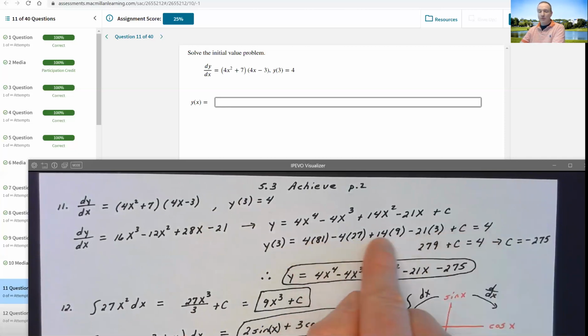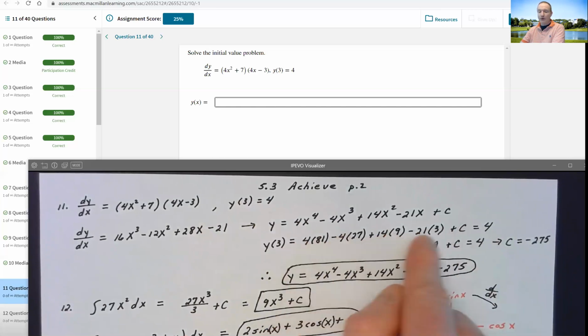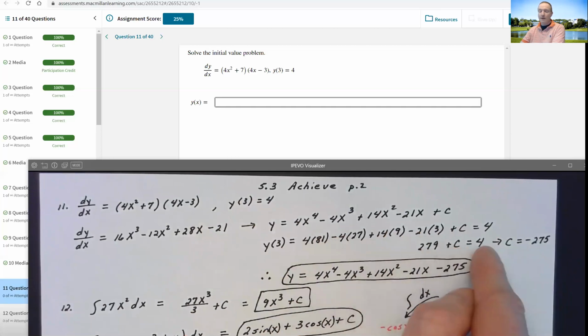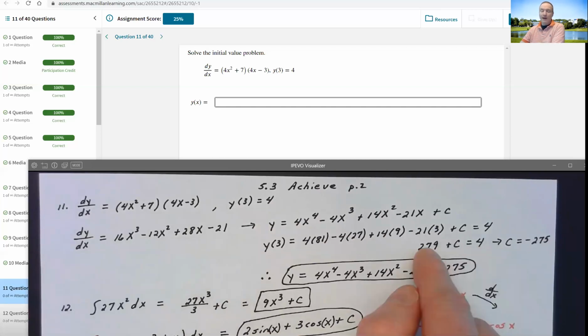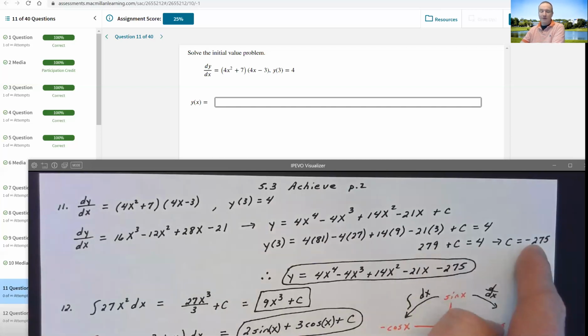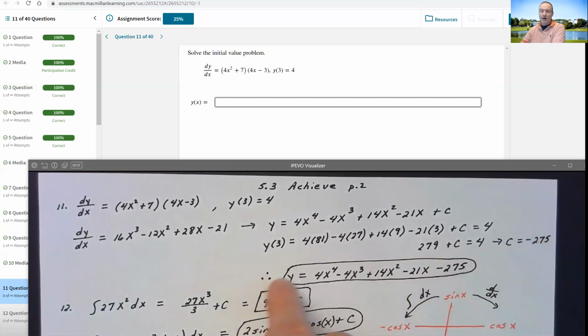So calculator told me that the sum of all of those products and differences here was 279. I get 279 plus c is equal to 4. Thus, I can solve for c and say, well, c is just 4 minus 279. It's a negative 275. Remember, the 3 dots means mathematical notation for therefore.